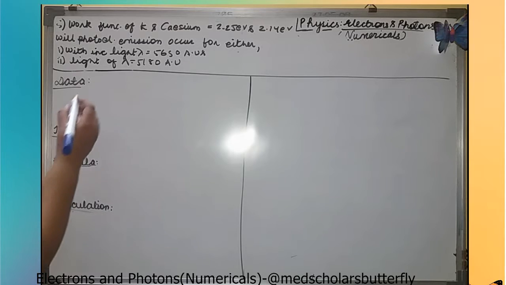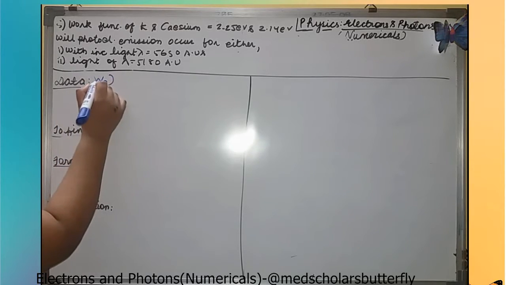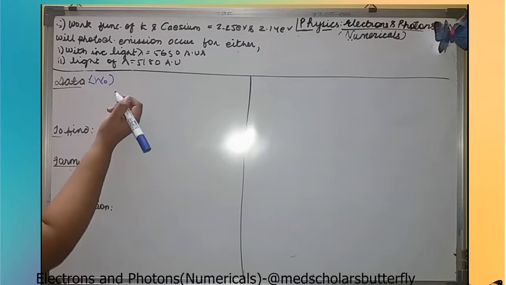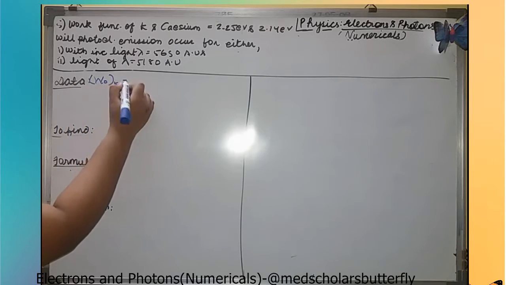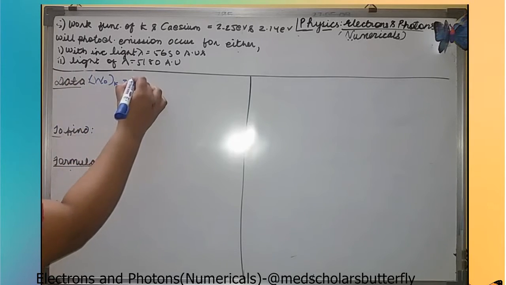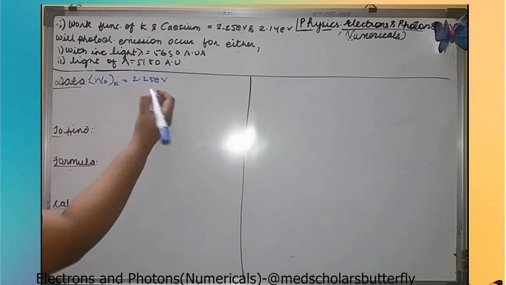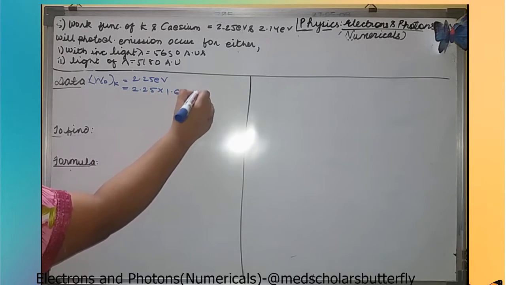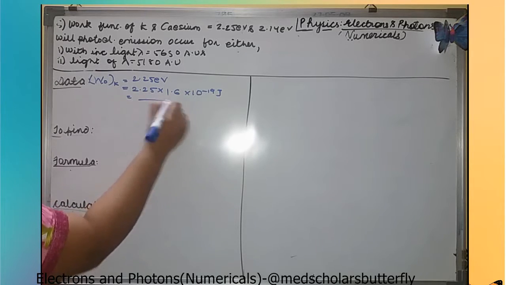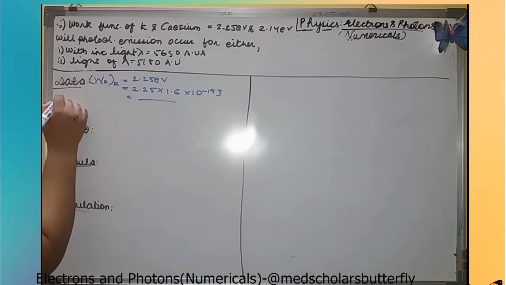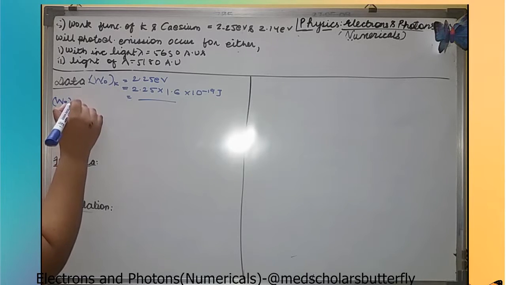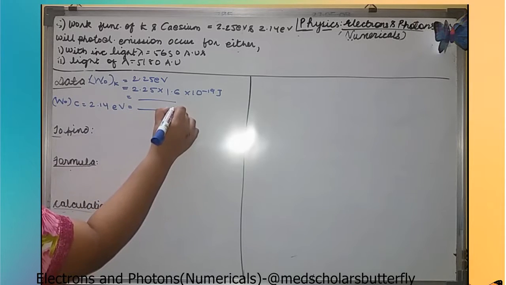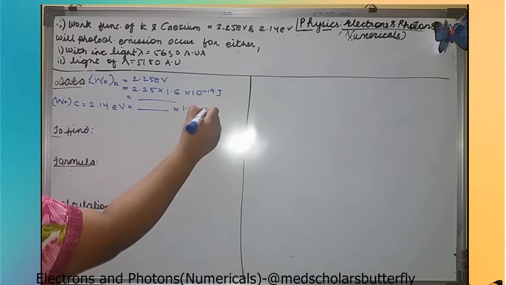Given data is, first is the work function of potassium, here it is taken as 2.25 electron volt, and again conversion, which becomes 2.25 into 1.6 into 10 raised to minus 19 joule. Then W0 of cesium 2.4 electron volt, again conversion, multiply it with 1.6 into 10 raised to minus 19.